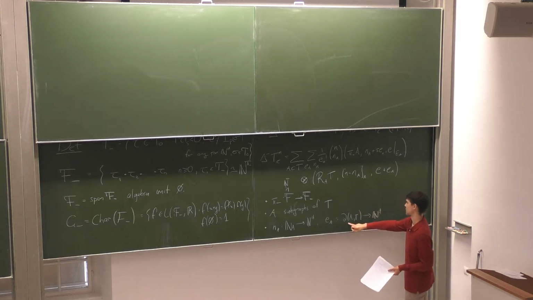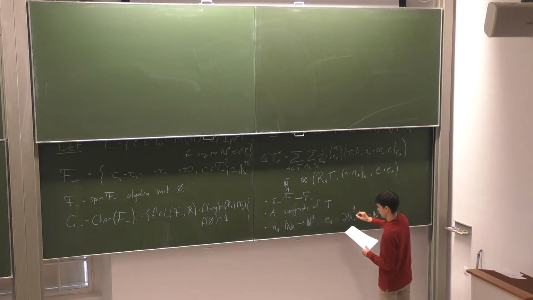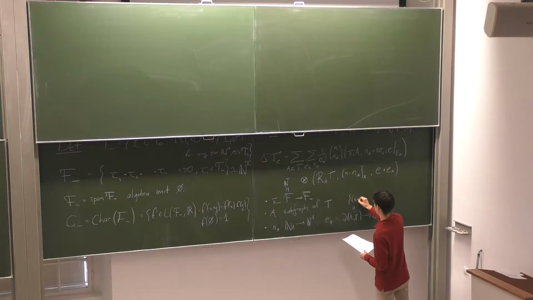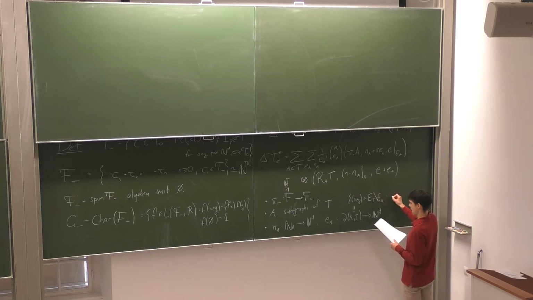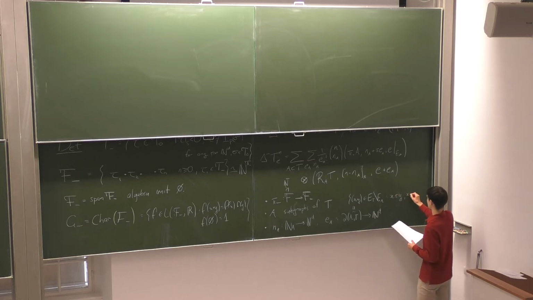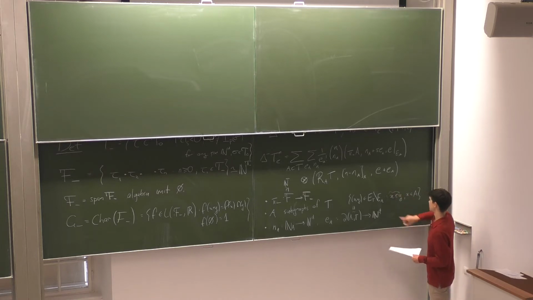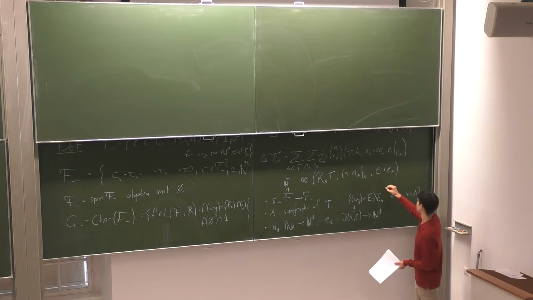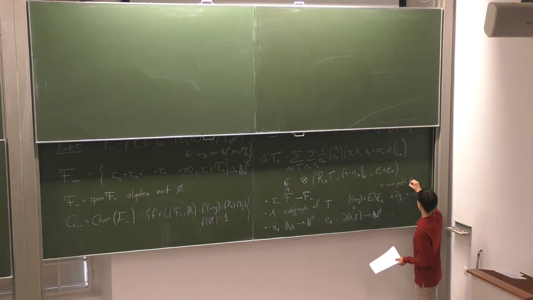The set of all functions from the boundary of A in T into N d, where this is defined to be the set of all edges which are in T, but not in A, and such that x is smaller than or equal to y, and x is in A. And x being smaller than or equal to y means that x is on the path from y to root.